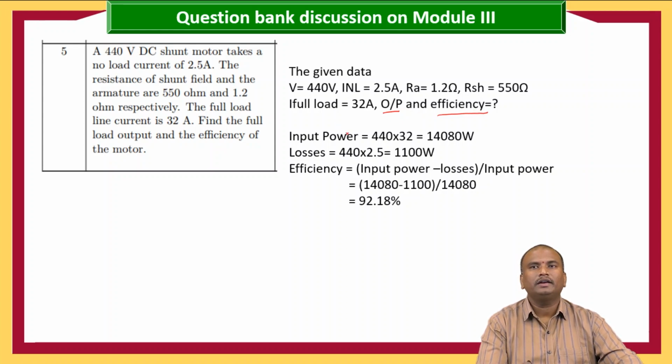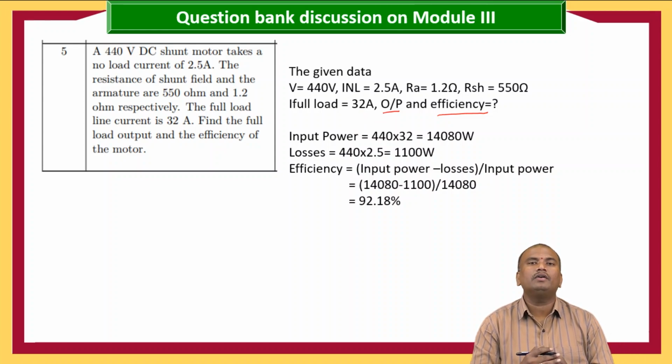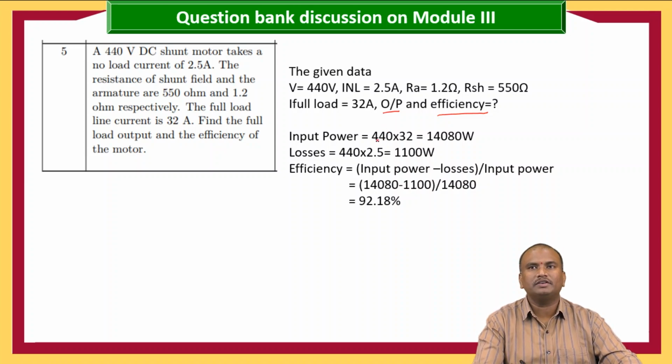We need to calculate the output power and efficiency. So here, this is a motor, so we have electrical power as input. The input power is equal to 440 into 32, the full load current, which is equal to 14,080 watts. We can also write it as 14.08 kilowatts.